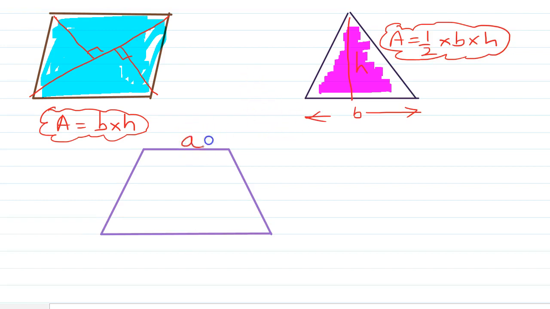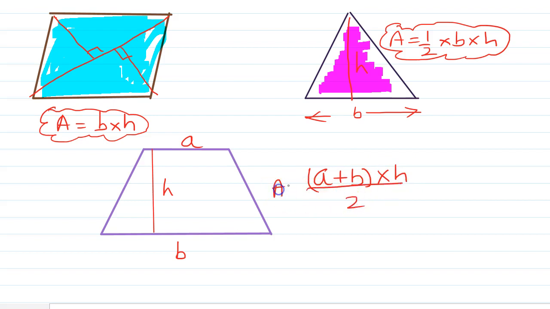If this side is A, this side is B, and the height from here till here is h, then the sum of the parallel sides, that is A plus B, times the height, divided by 2, is the area of the trapezium. So area of a trapezium is half times A plus B times height. This is the area formula. Now let's see a few more formulas, then we will go over the questions.